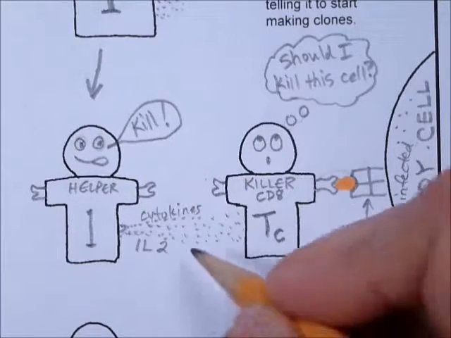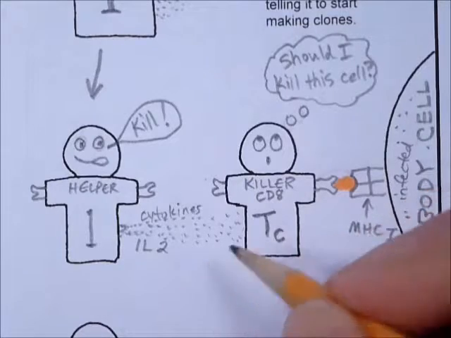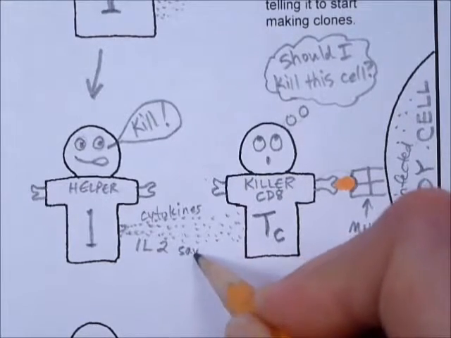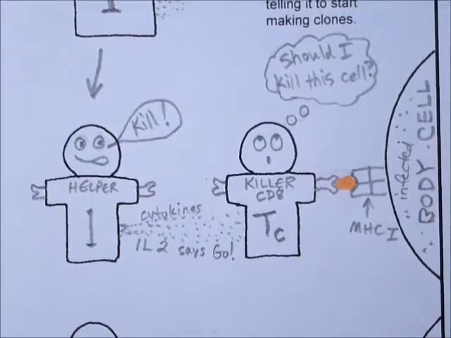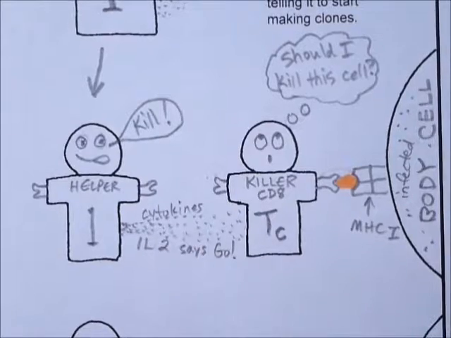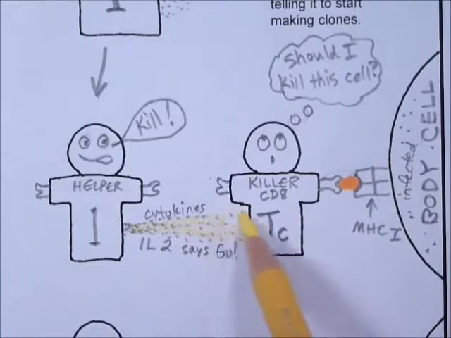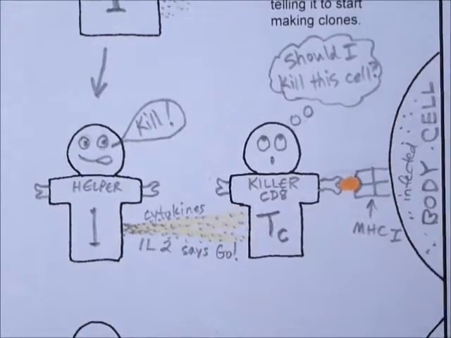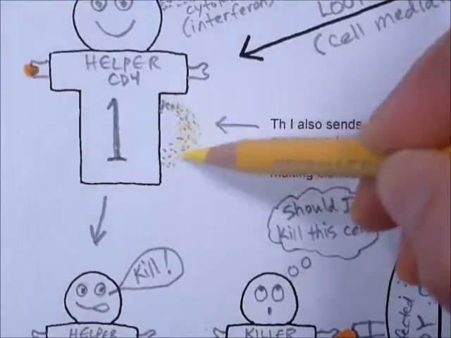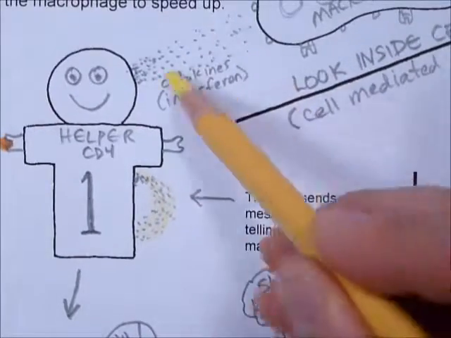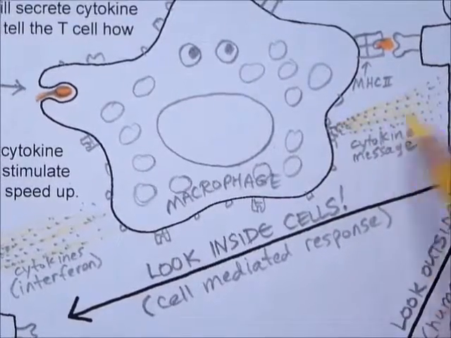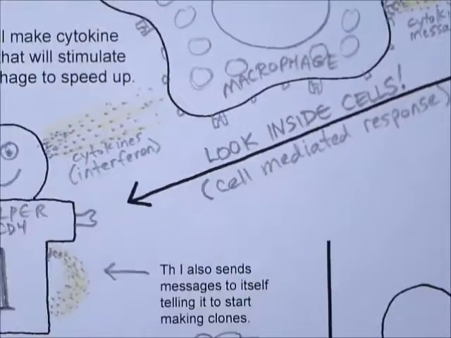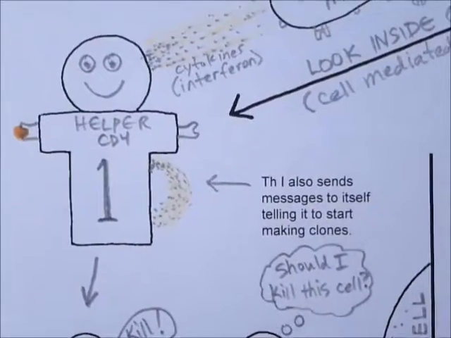Now it has some other jobs also, but when it's secreted here, IL-2 says, go, kill. I might add a little yellow here to kind of make that show up. In fact, if you want to add a little yellow to your other ones, I might stop and just add some yellow to all my cytokines there. Make them show up a little bit.